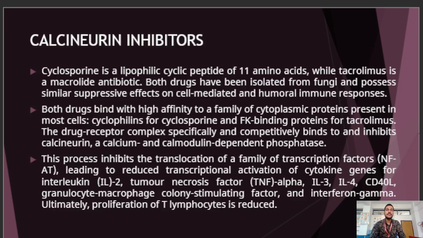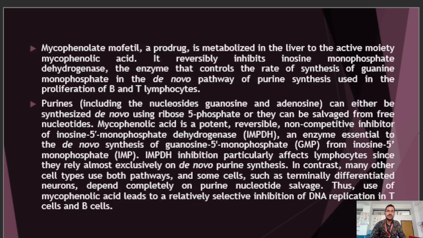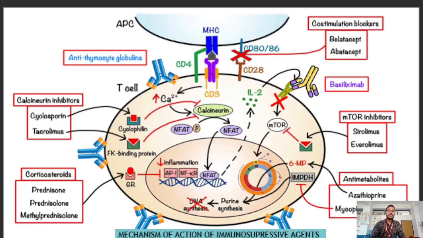So first, starting from calcineurin inhibitors. This category of drugs are mainly calcineurin inhibitors, whose examples are cyclosporin and tacrolimus. This cyclosporin, when we take it, will come and bind to a protein called cyclophilin.